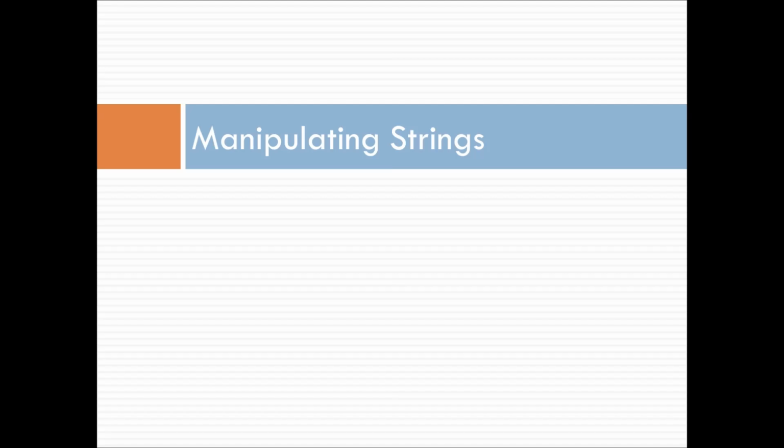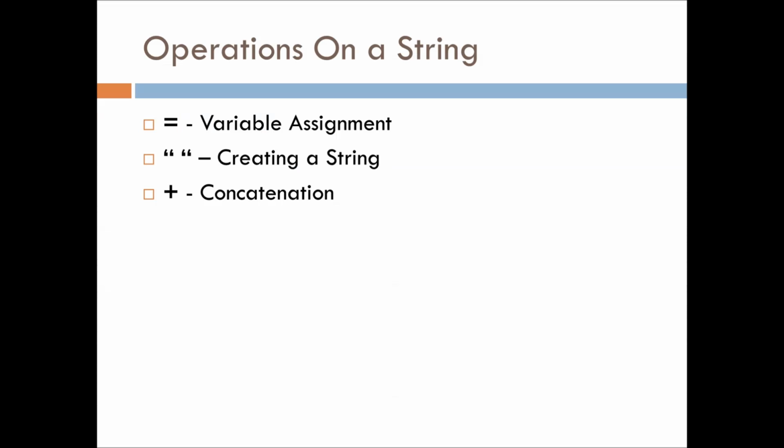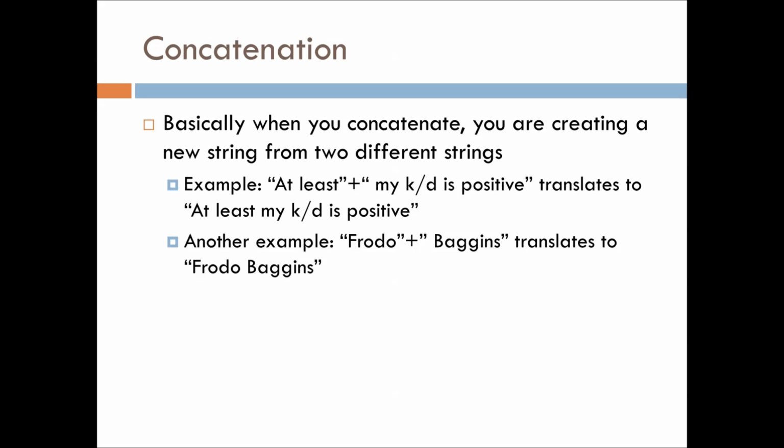Okay, manipulating strings. There's not much that default Papyrus gives you for that. You can assign strings, double quote designates, oh hey, this is a string, and then concatenation, which I will go over now. Concatenation, you're basically taking two strings and creating a new string with them together.